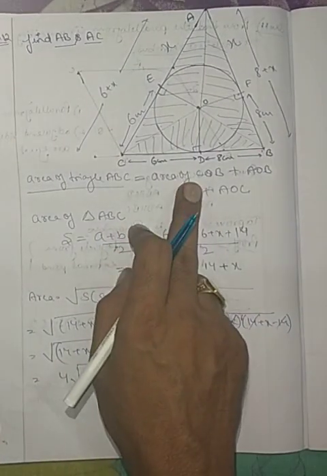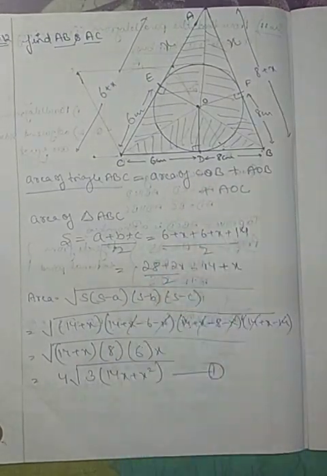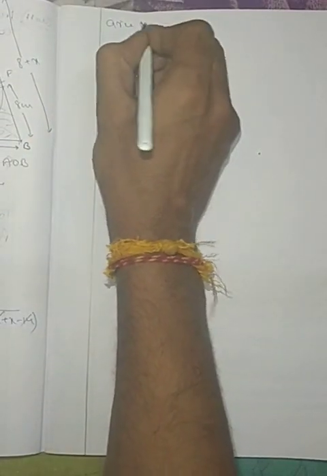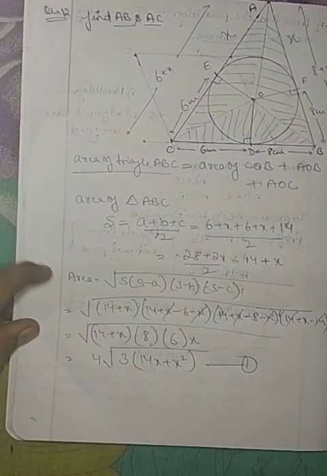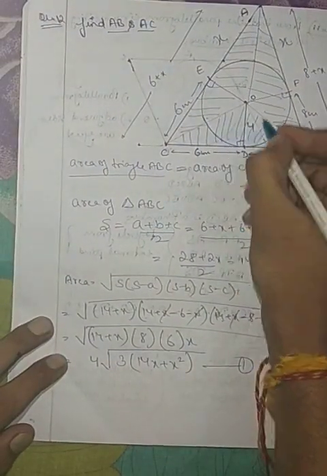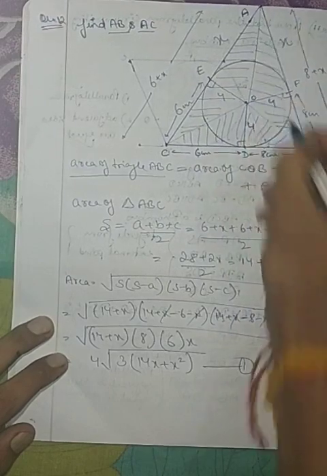Now we will get the areas of COB, AOB and AOC. Actually in this question the radius was given to you. Radius was 4 centimeter. So this will be 4, 4 and 4.